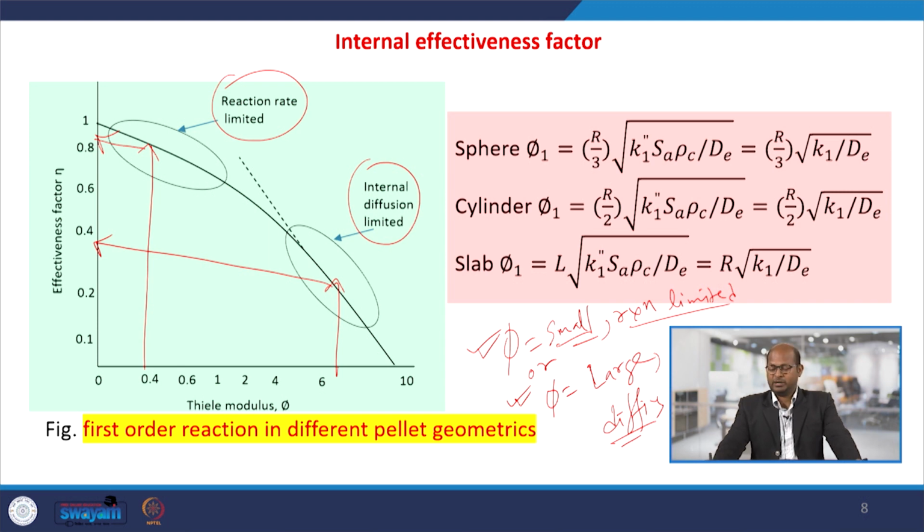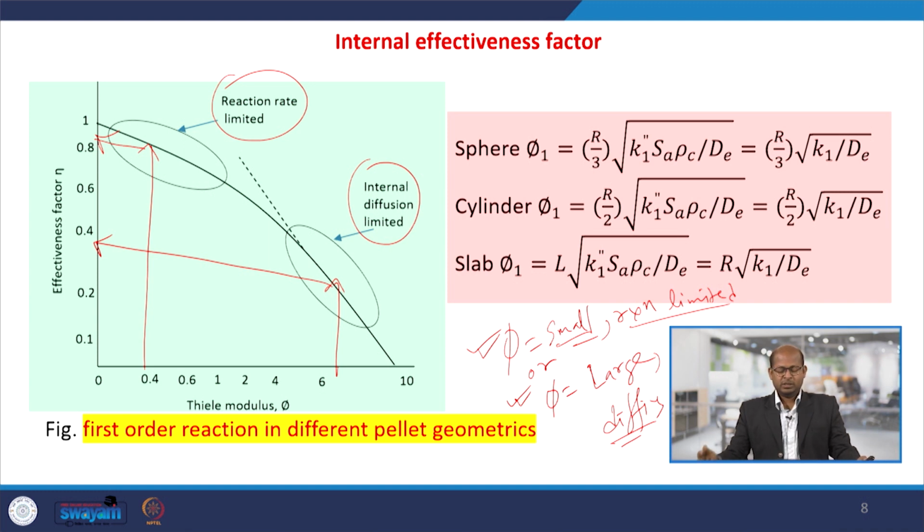So, let us say for a packed bed reactor with a solid catalyst, while designing the reactor we have to design the catalyst also. We have to set the reaction first, so the order of the reaction, the rate constant, everything is known. Once we design the catalyst particles to a particular diameter or dimensions, we have to select which dimensions to use: very small particles, very large particles, or an intermediate particle size.